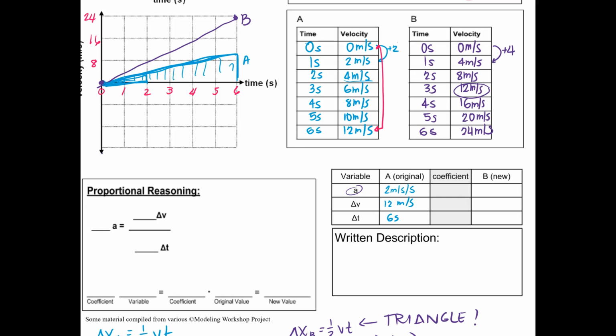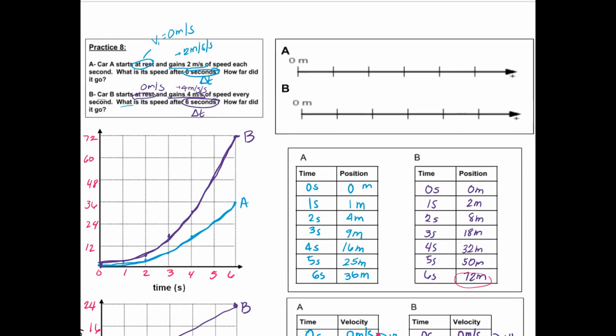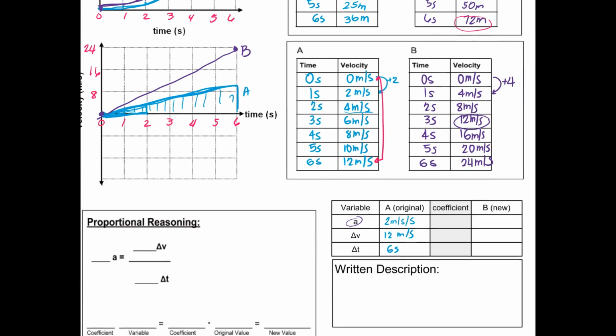Okay, and so then the problem is asking, what is its speed after 6 seconds? So it wants to know what this is. We're going to go and write that the new one, it's 4 meters per second at times 6. All right, and to get from here to here, we multiply by 2.